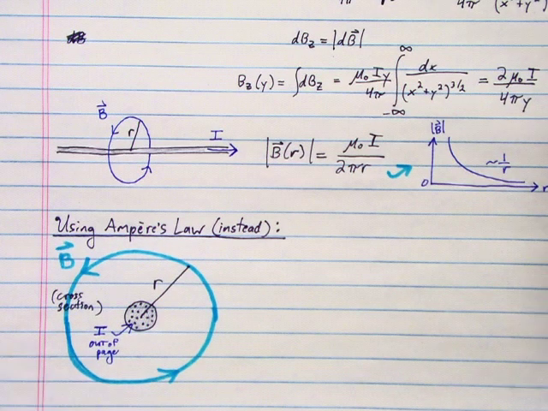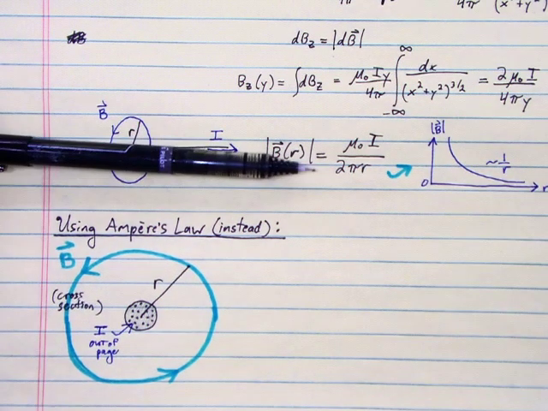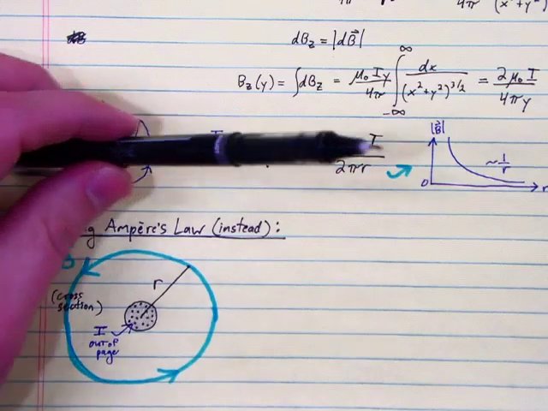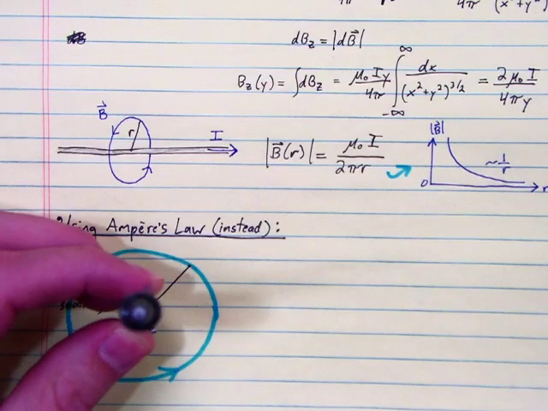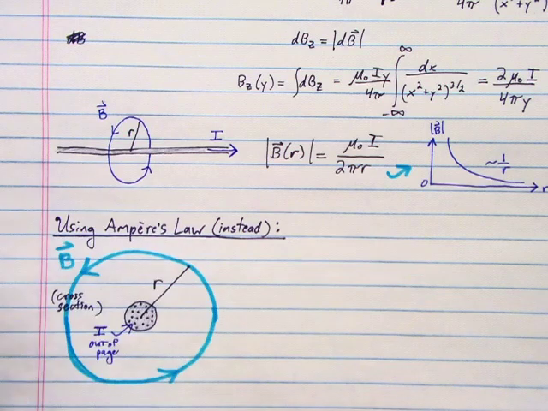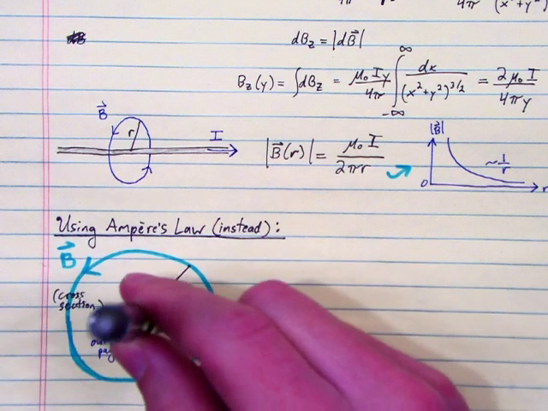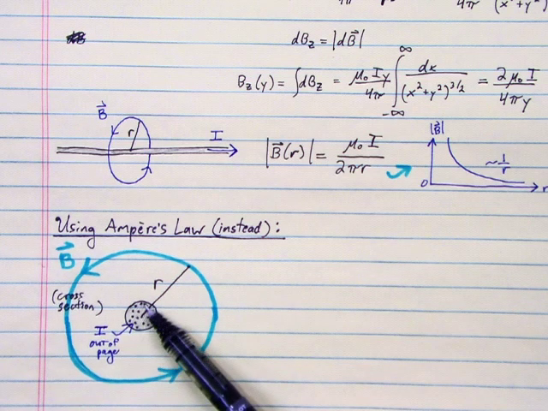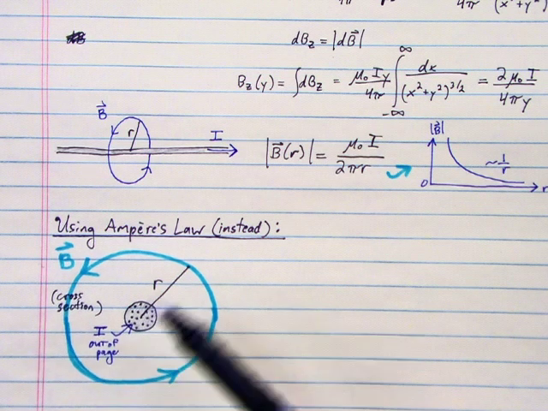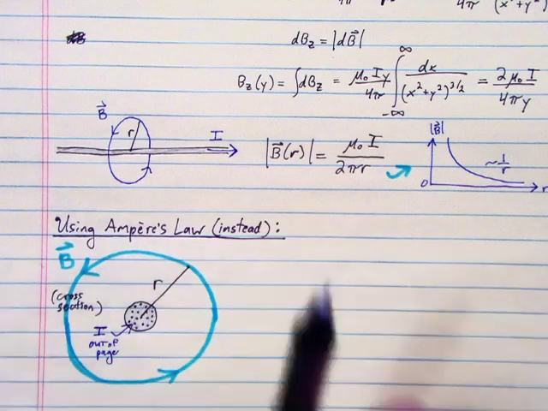All right, so we'll take this view of our wire and rotate it 90 degrees so we're looking straight down on our wire at a cross section of our wire. So here we now have our wire coming out of the page with current flowing out of the page at you. These little dots indicate the current spread out throughout the cross section of the wire, all coming out of the page.